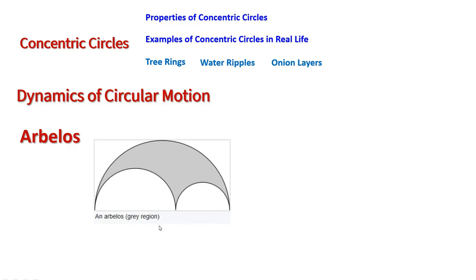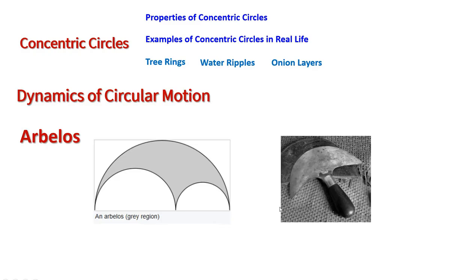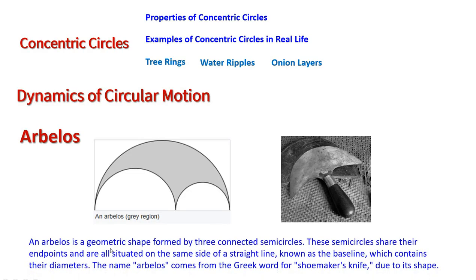So this is how it will look, and this is used by a shoemaker. An arbelos is a geometric shape formed by three connected semicircles. These semicircles share their endpoints and are situated on the same side of a straight line known as the baseline, which contains the diameters. The name arbelos comes from the Greek word for shoemaker's knife, due to its shape.